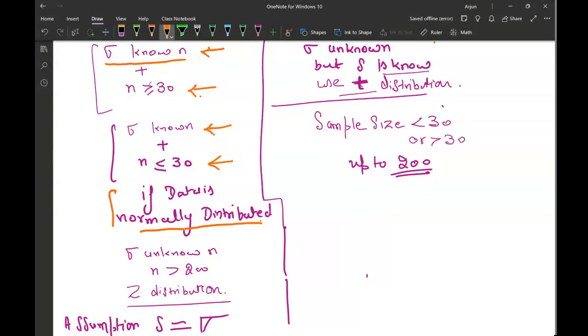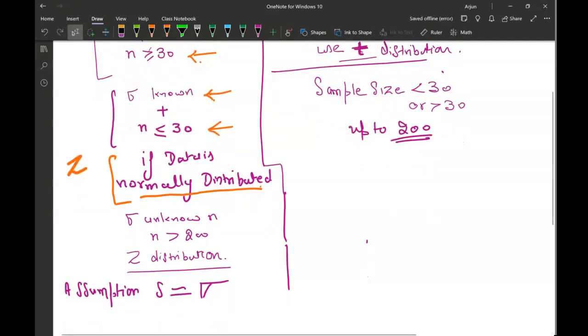If that condition is followed, then we're going to use the Z distribution still. And the third condition is if the standard deviation of the population is unknown, but the sample size is greater than 200, then we're going to use the Z distribution still.